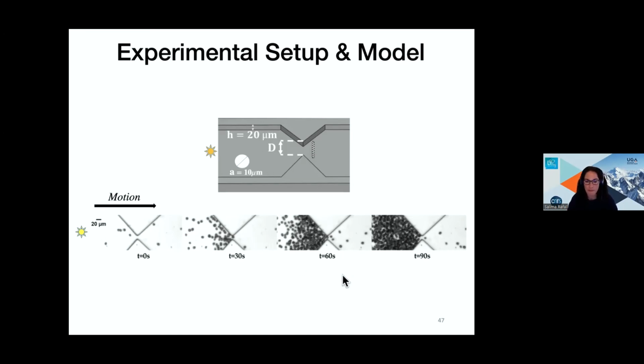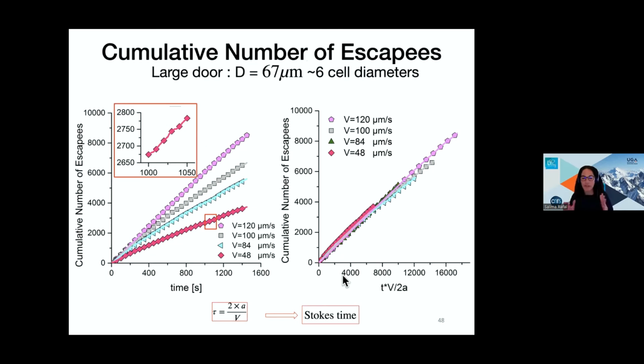I'm not sure. So we vary the velocity of swimming. We can decrease the velocity of swimming. So this strain is swimming fast, 120 microns per second. When I give the velocity, it's always the mean velocity measured on the distribution of velocity in the experiment.